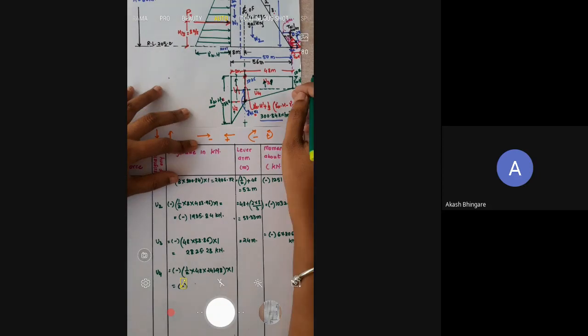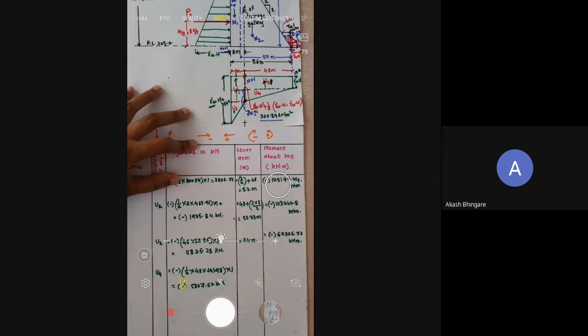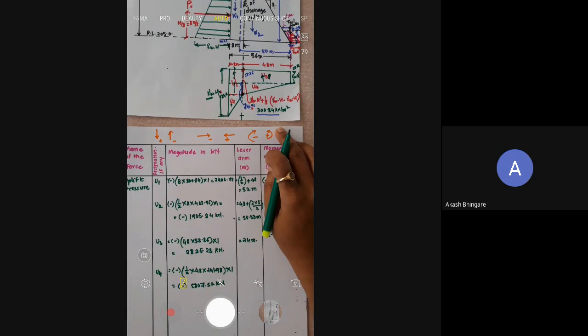So, okay, value is 5807.52 kilonewton. Yes, all of you are getting same answer and which is correct. Yes, okay. 0.52, 0.56, okay, fine.